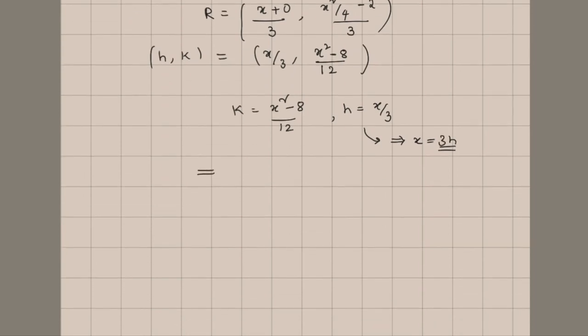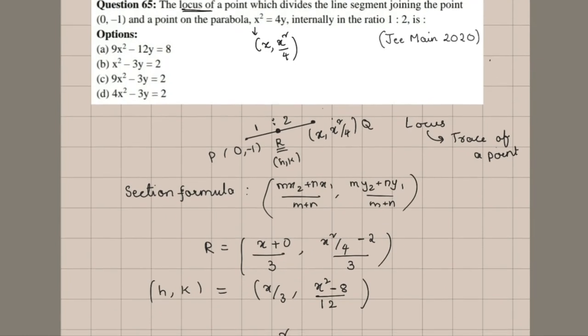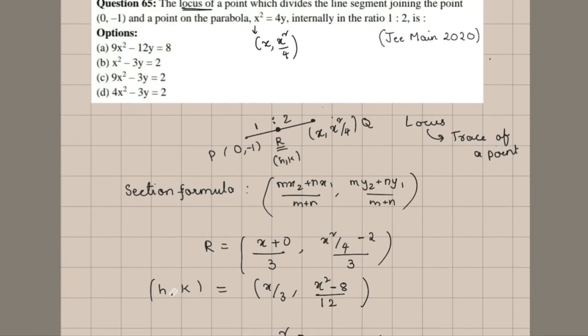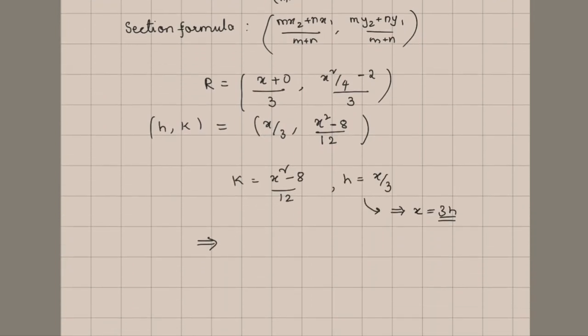So if you substitute the value of x in terms of h in this equation, we get an equation in h comma k, which is nothing but the trace of h comma k. See, the question asked is we need to find locus of this point h comma k. So we need an equation in terms of h comma k. So we need to eliminate the point x. So if you substitute the value of x, which is 3h, in this equation, then there would be no term in x. So we will get only terms in h comma k.